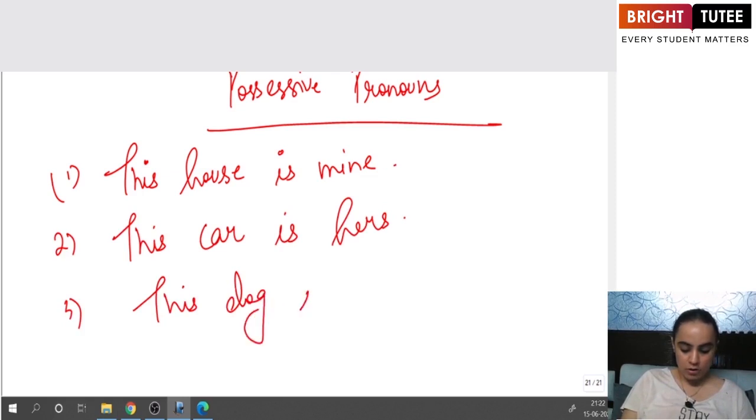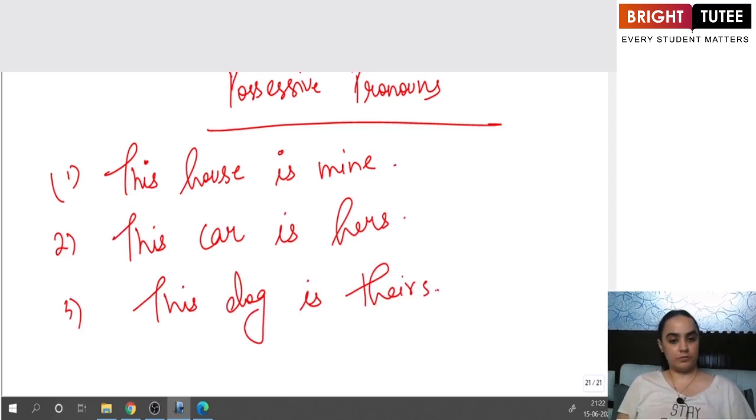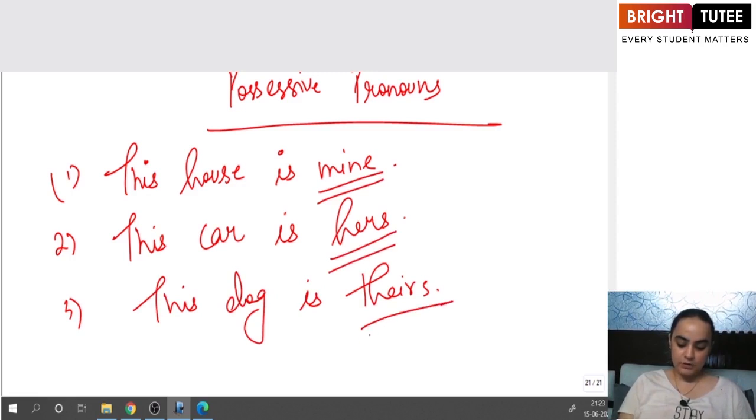This dog is theirs, and so on and so on. What do you notice about the possessive pronouns? They come at the end of the sentence and there is no noun after them. So this is the last part of the sentence and that is a possessive pronoun.